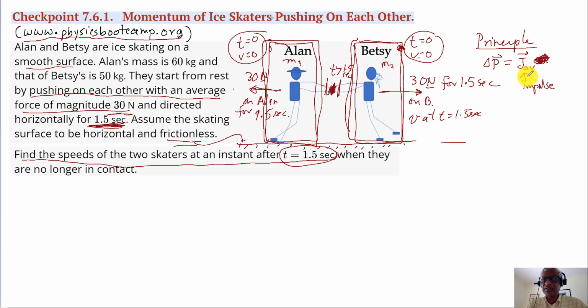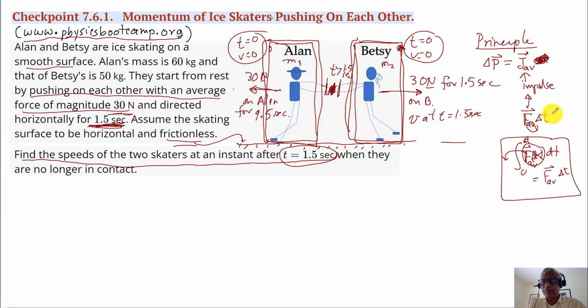And this impulse is actually F average times delta t. When I integrate F(t) dt over, say, 0 to delta t, if this is average, then it doesn't depend on time and can come outside, and so we have F average delta t. So that's how the impulse, when you use average, just factors out like that.